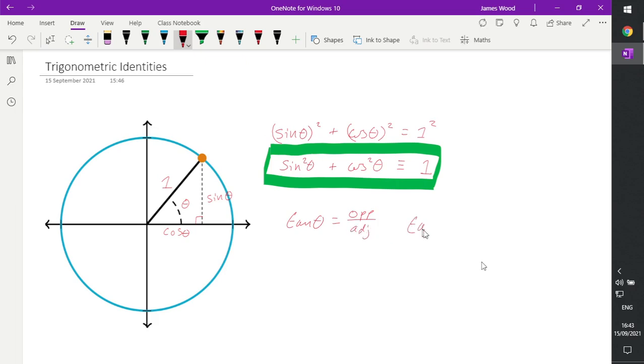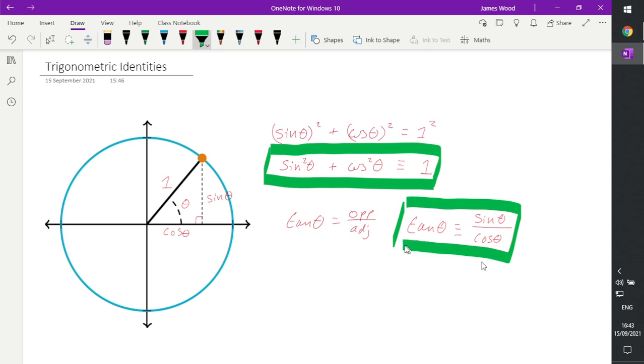So in our case, tan theta is equal to the opposite, which is sine theta, divided by cos theta. And that's another identity that's always true for any value of theta. So actually we can put a triple equals in here. Okay, so we've got two identities. Sine squared plus cos squared is 1, and tan theta equals sine theta over cos theta. And we're going to be using those in the next couple of lessons to help us solve some more complicated equations as well.